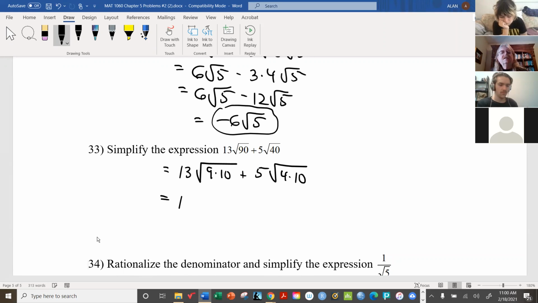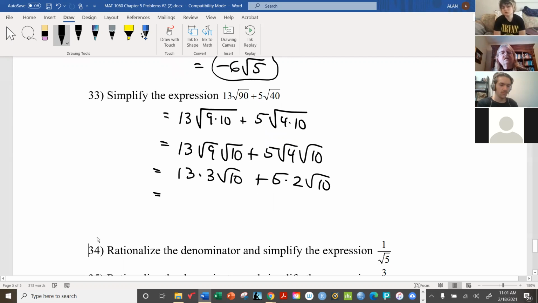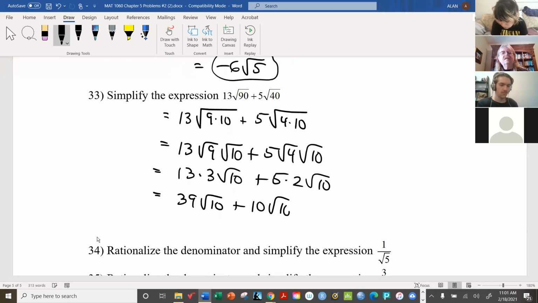So we're going to have 13 radical 9 radical 10 plus 5 radical 4 radical 10. 13 times 3 radical 10 plus 5 times 2 radical 10 is 39 radical 10 plus 10 radical 10. And finally, I end up with 49 radical 10. And that's it. I can't do anything with 10. The factors are 1, 2, 5, and 10, none of which helps me.